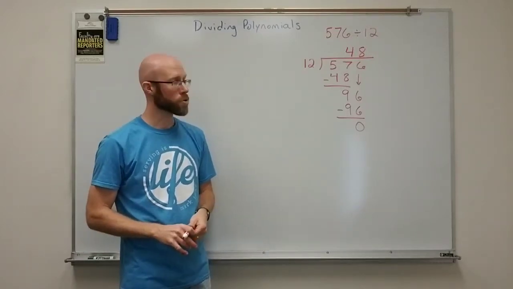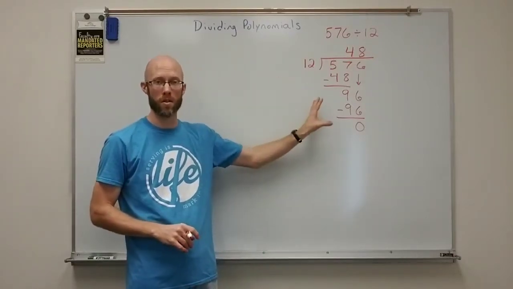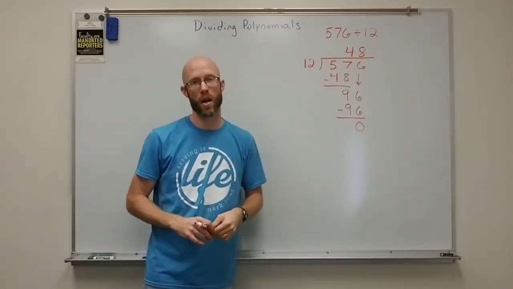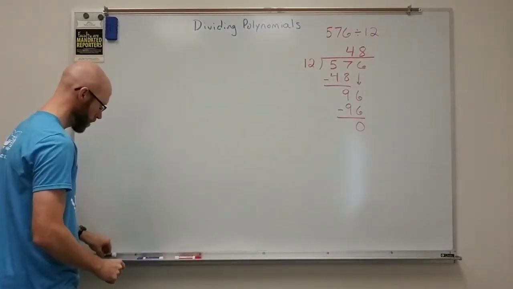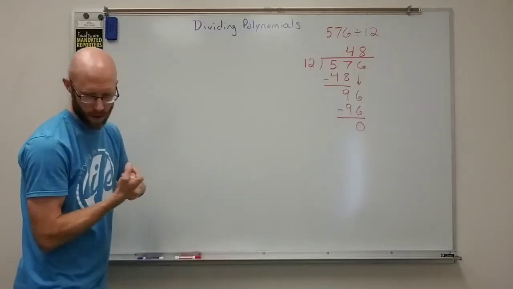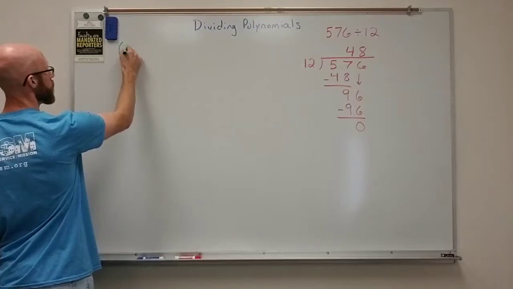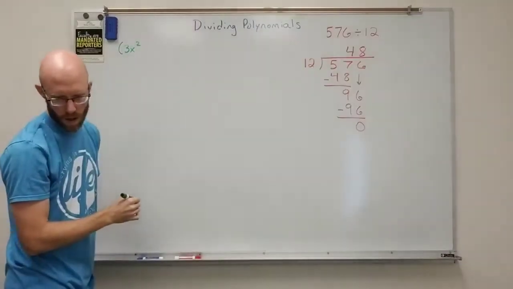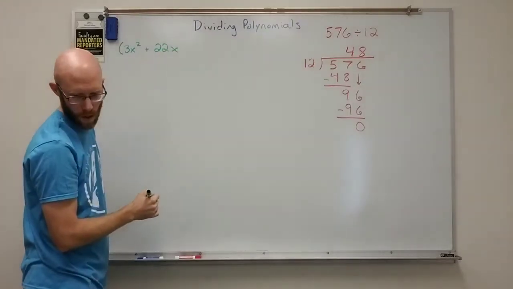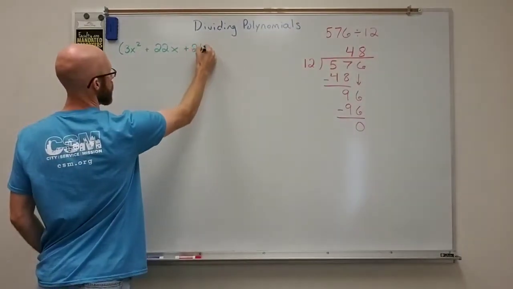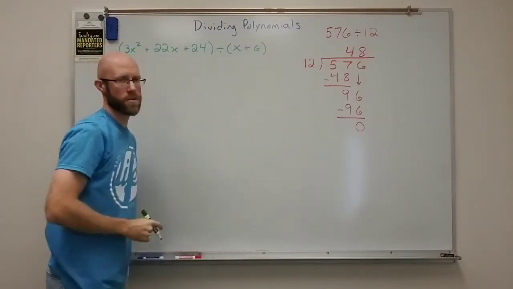Now, we'll work through a long division with polynomials and show you how that's done. So here, let's take the example 3x squared plus 22x plus 24 and divide that by x plus 6.